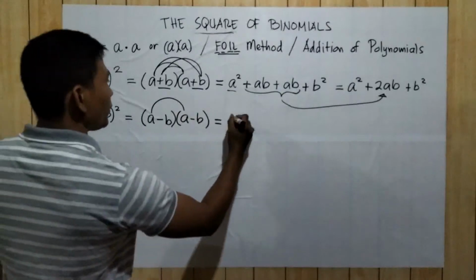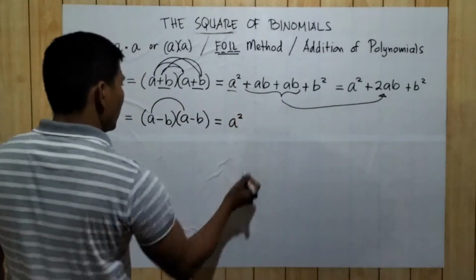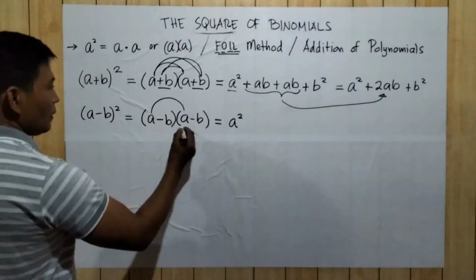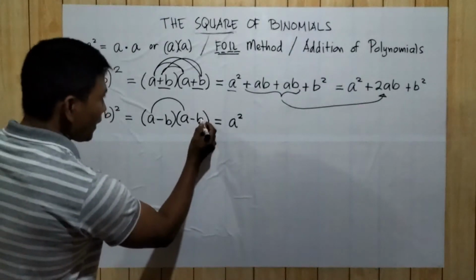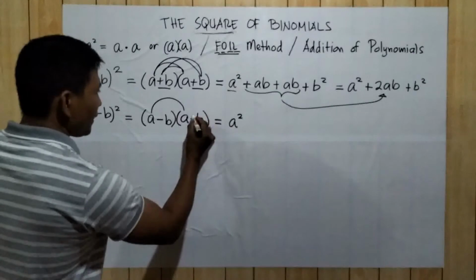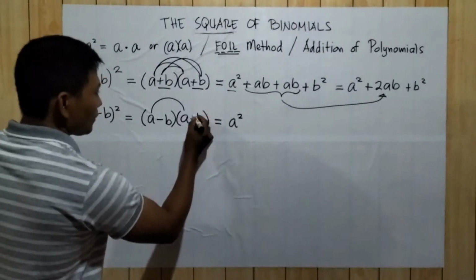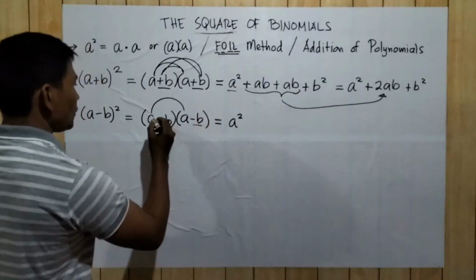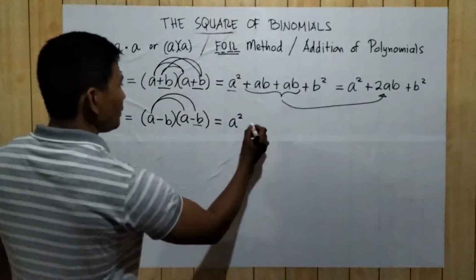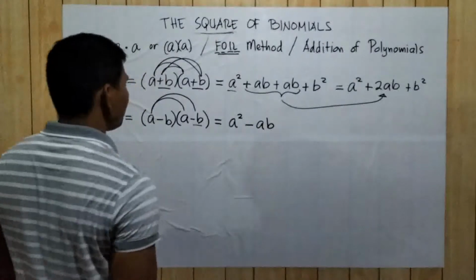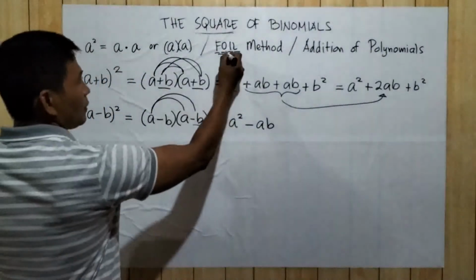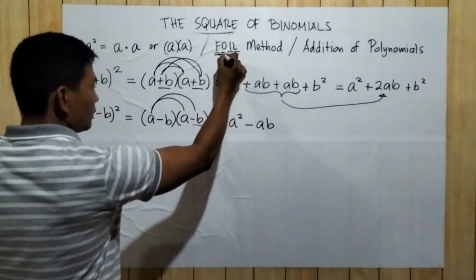First terms, we have a squared. Next, again, consider po natin yung sign ng term. So we have negative b. A times negative b, we have negative ab. That is for our outer terms.